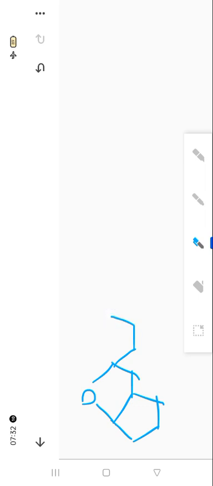One of which is carrying an oxygen, so the structure kind of looks like this.